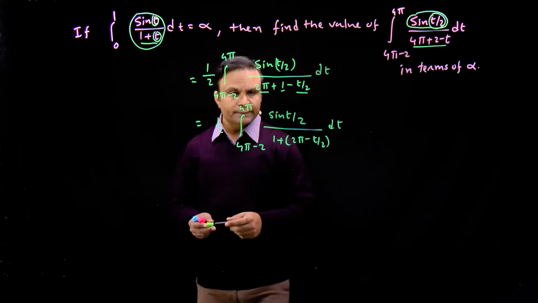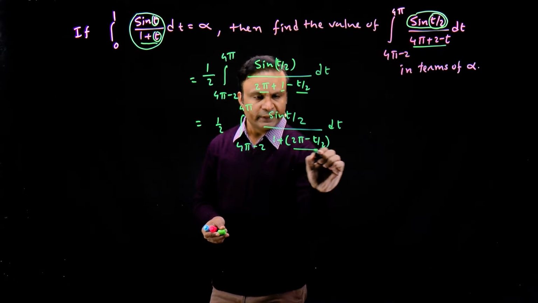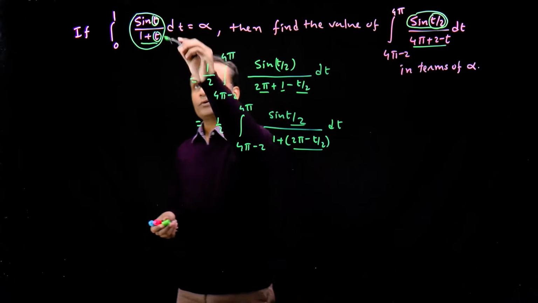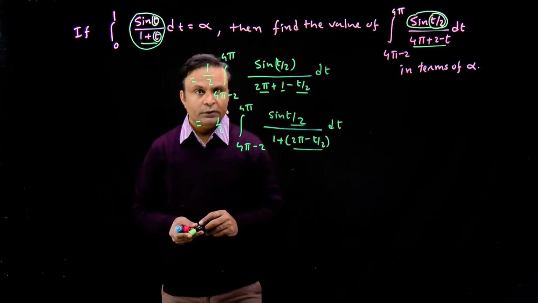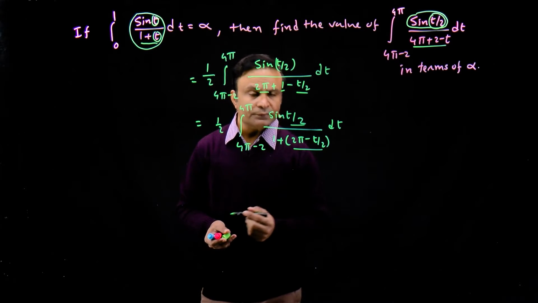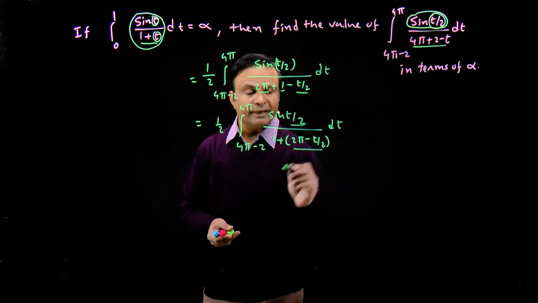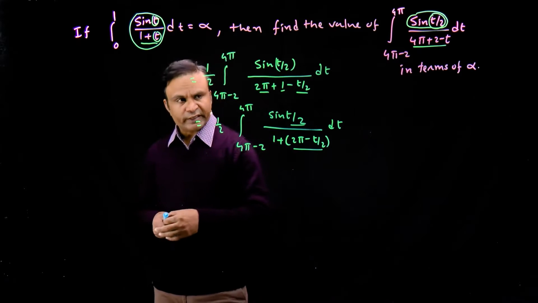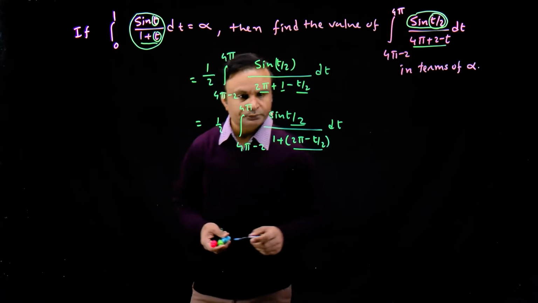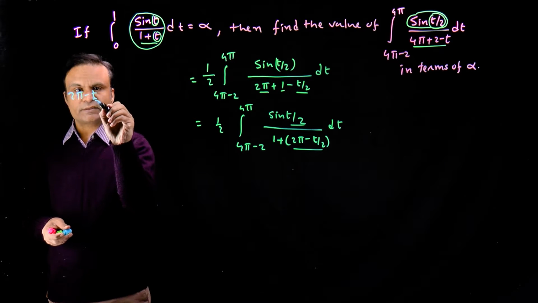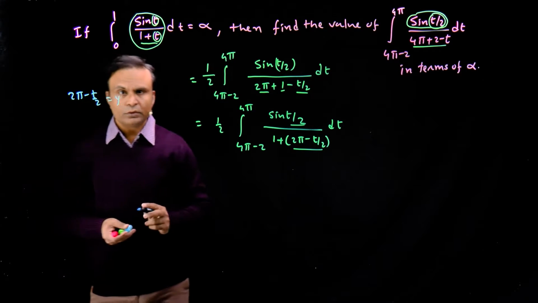Okay, next is the function here and here, or expression here and here, must match, because here we have t. So I can use substitution. 2 pi minus t by 2 is equal to y. So let's substitute for 2 pi minus t by 2 is equal to y.